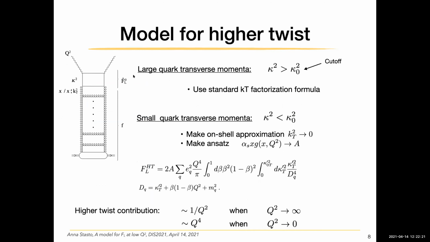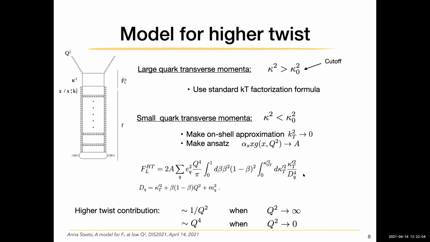For large quark transverse momenta, we essentially keep the perturbative formula, but for the small quark transverse momenta, we assume first of all the on-shell approximation, so the gluon is on-shell, and then we say that alpha s times the gluon density is essentially some constant. This is going to be an extension to the soft region.